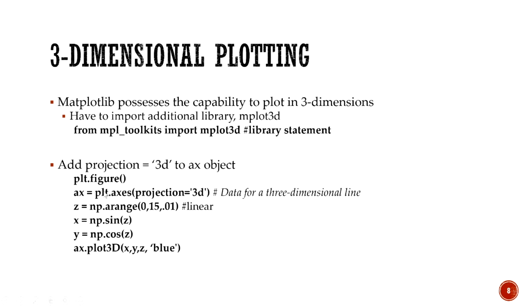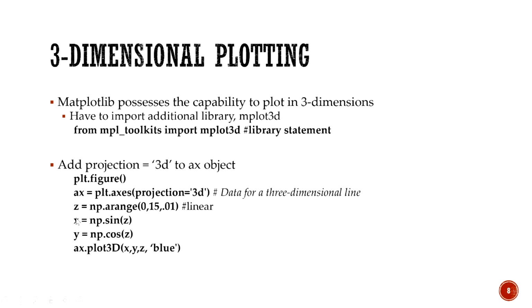We still define figure as the object. Then we pass plt.axis, projection equal to 3D. So it shows that we are going to plot 3-dimensional data. If you don't pass projection 3D, then we cannot set up the plot for 3 variables.